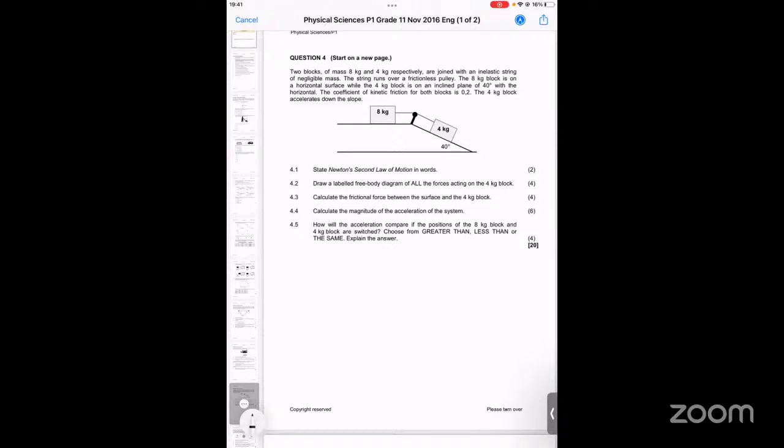So that's why I say, for the purpose of a labeled free body diagram, we use FG. But for the purpose of calculations, we use its components, FG parallel and FG perpendicular. So this one is for the calculation and this one is for a labeled free body diagram.